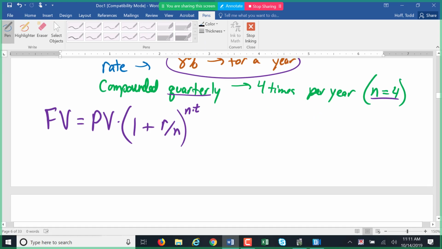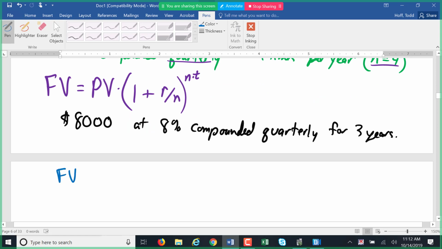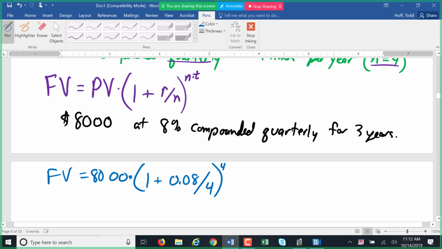So if you have $8,000 at 8% compounded quarterly for 3 years, that formula becomes the future value equals present value, which is 8,000, times, now in some of your calculators you do have to put that times in there, 1 plus the rate, which is 0.08, 8%, quarterly is divided by 4, close the parentheses, to the power of 4 times 3.